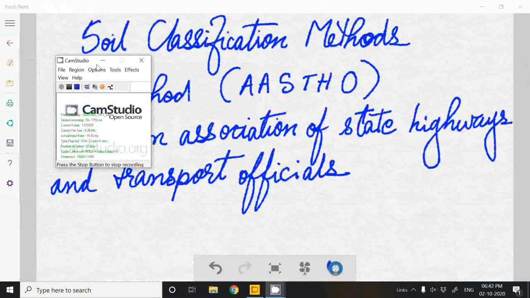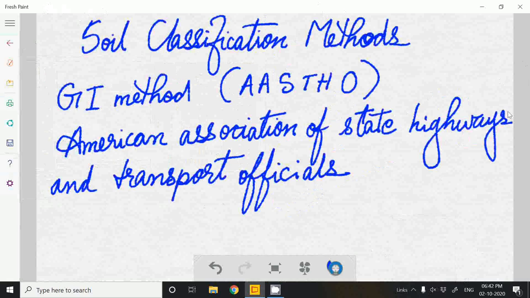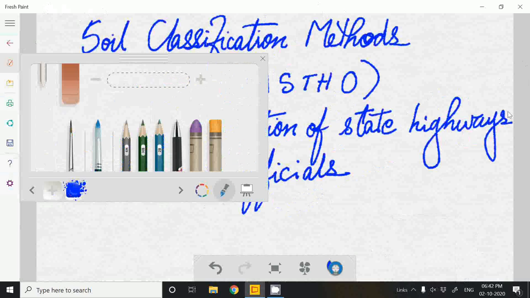And I'm sorry, I have done a little bit of silly mistake. It is AASHTO actually, okay. Then that's why I was thinking that something is wrong.